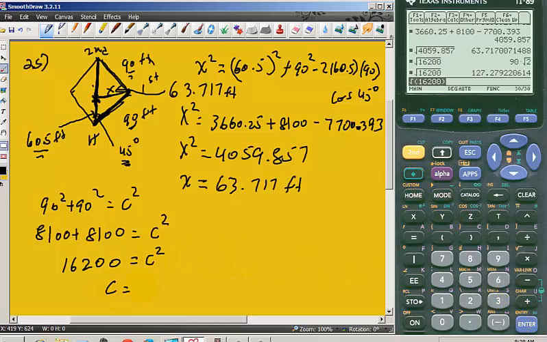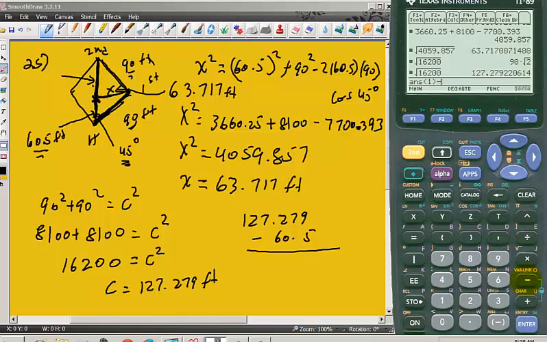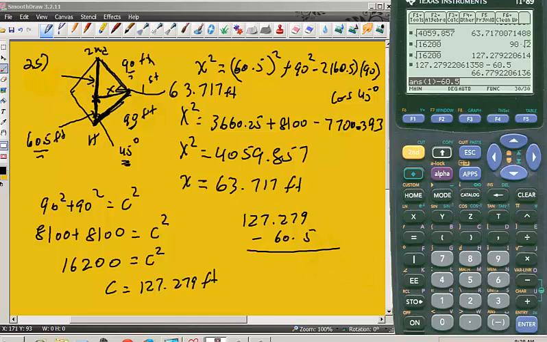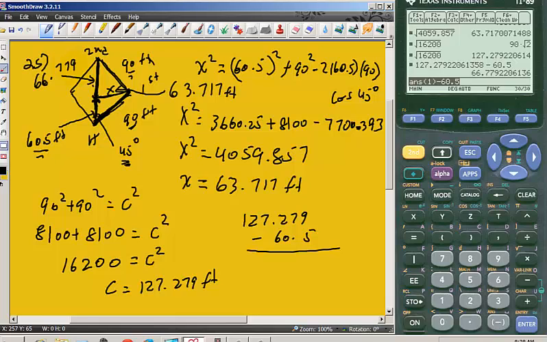So my c turns out to be 127.279 feet. Okay, so that's this whole distance right there. To find that distance, I'm going to take 127.279, subtract 60.5, hit enter, and this turns out to be 66.779 feet.